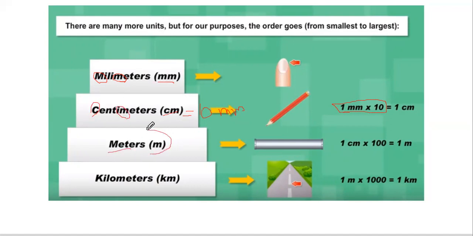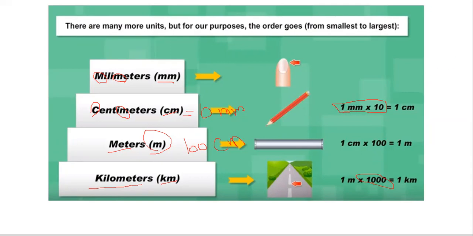Meters, we write only m. Kilometers, we write km. Again, 1 centimeter is 10 millimeters. 1 meter is 100 centimeters, and 1 kilometer is a thousand meters.